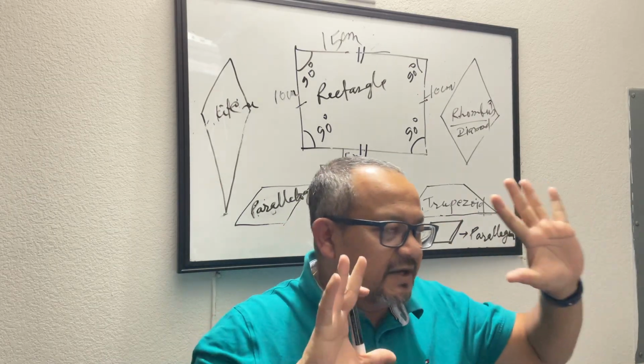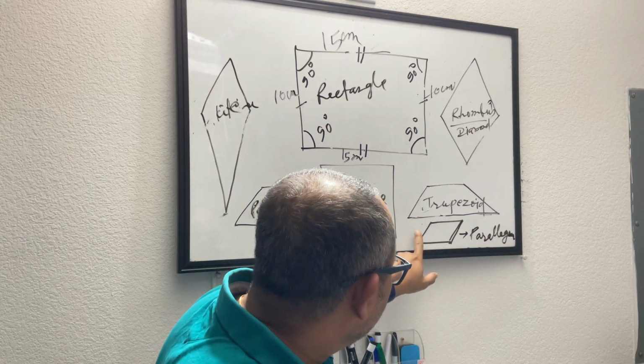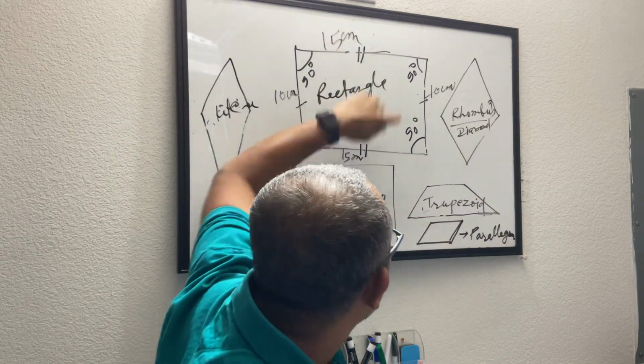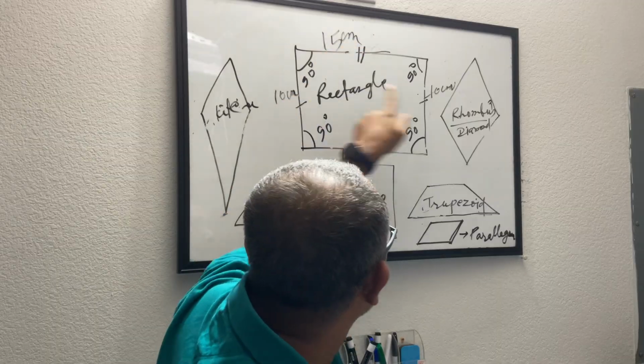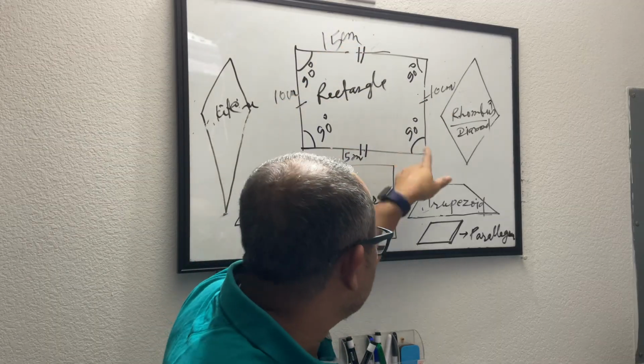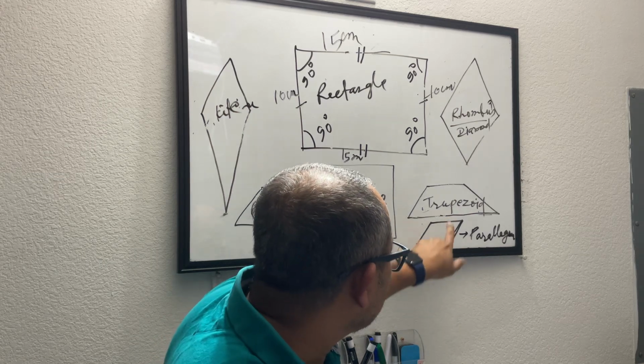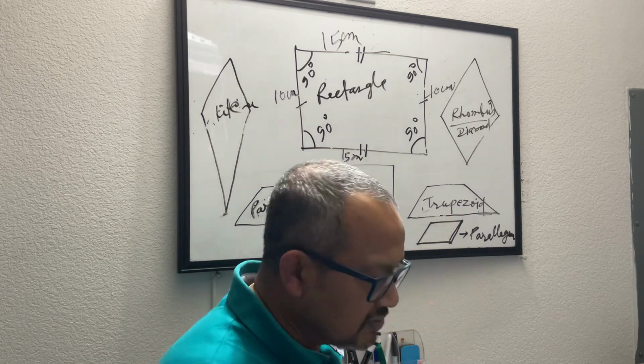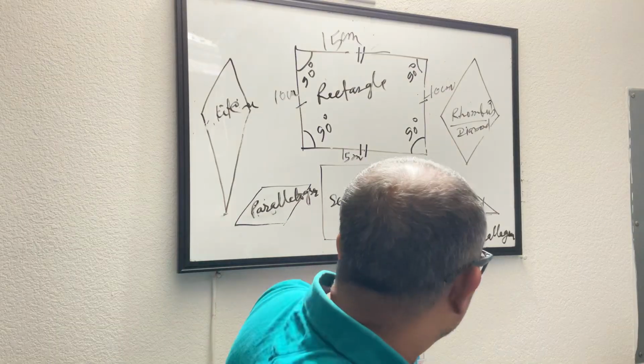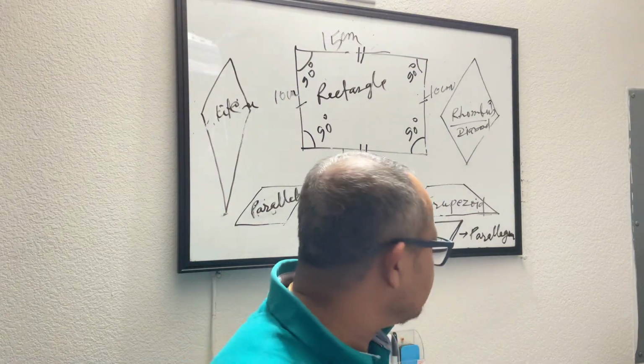I'm saying, now we know what a parallelogram is, right? A rectangle has opposite sides equal and parallel, and every angle is 90 degrees. But a parallelogram says the opposite sides are equal and parallel. So that condition is true. There are only 4 sides.